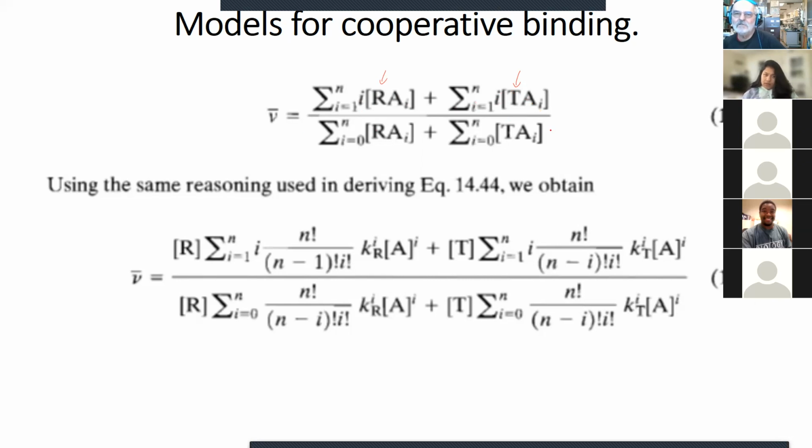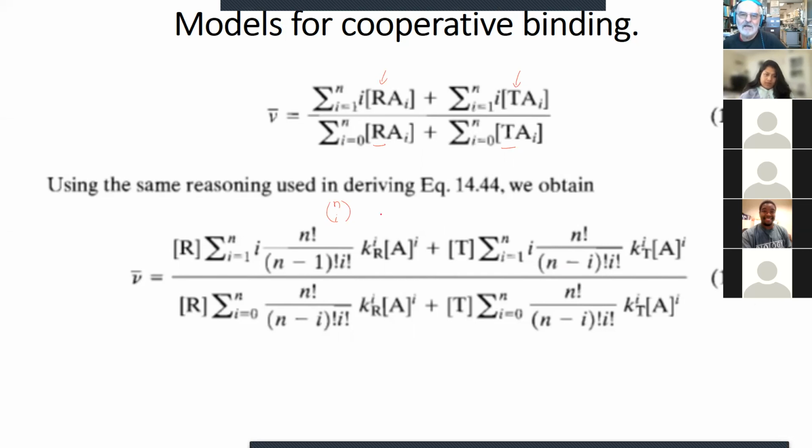And then down below in the denominator, you have R forms and T forms of the protein, and you have to account for all of them. So when you plug in the same equations that we talked about, you have to put in this N choose I. This is one way of expressing this nomenclature.